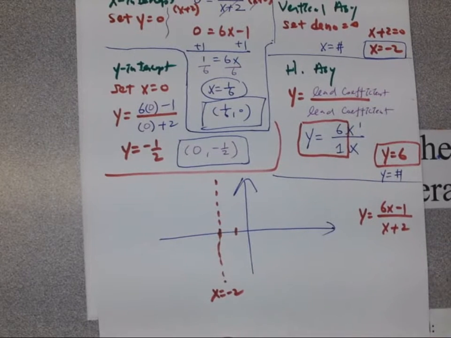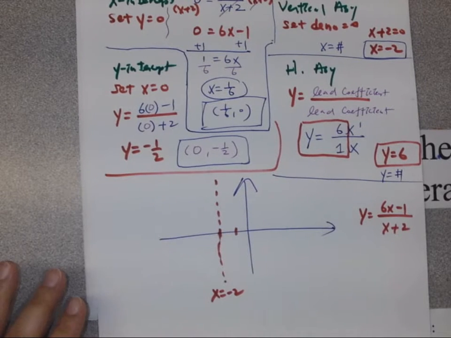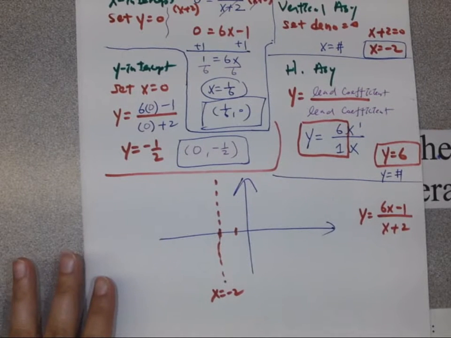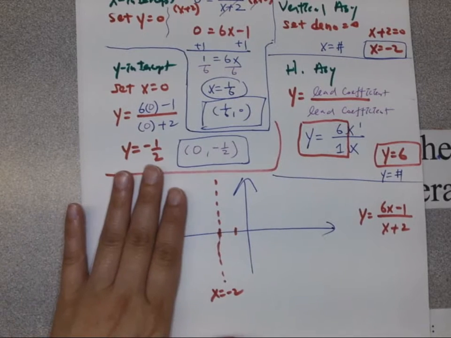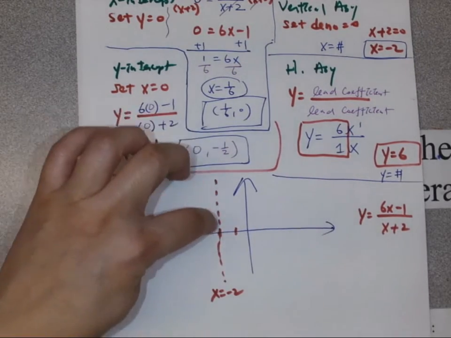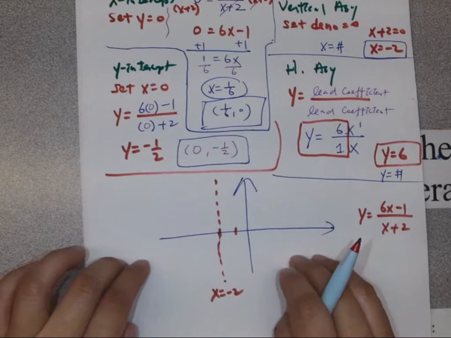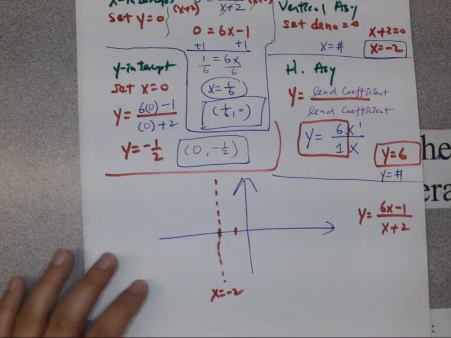It's divided into how many sections? You should have one piece on the left and one piece on the right. So one vertical asymptote means two pieces of graph. Is it okay? All right.